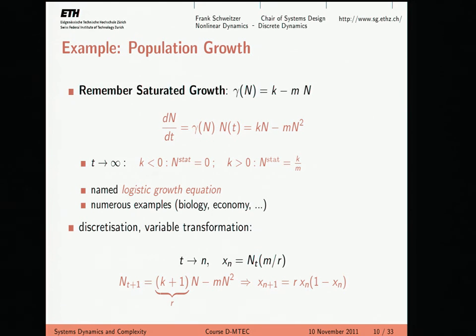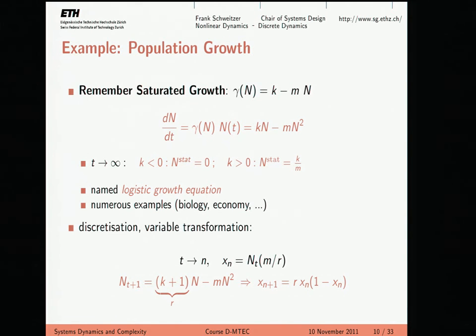Okay? Which is simply equal to k plus 1 times n of t minus this. Okay? It's simply applying what we saw before. This is how we arrive at that equation.